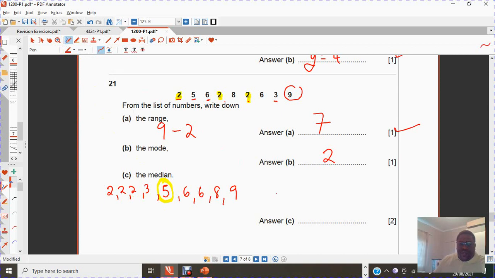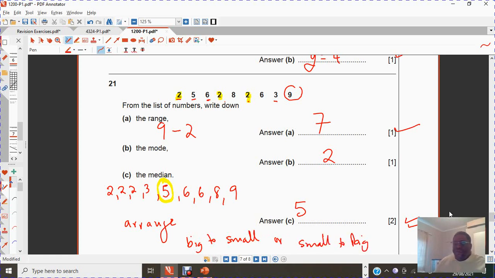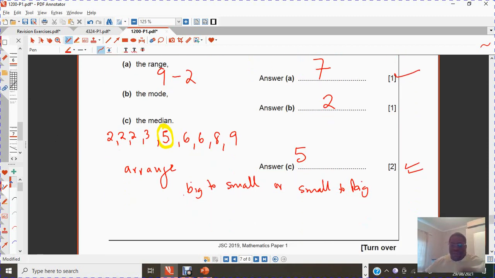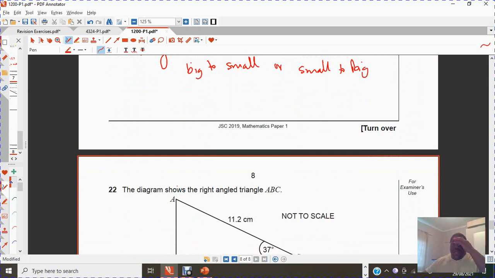So the median is the number that is in the middle. You get the median by arranging, and when I say arrange, it can be from big to small, or you can arrange them from small to big. And another thing, if my data was even, then I would be taking the two in the middle and I find the mean of the two in the middle.